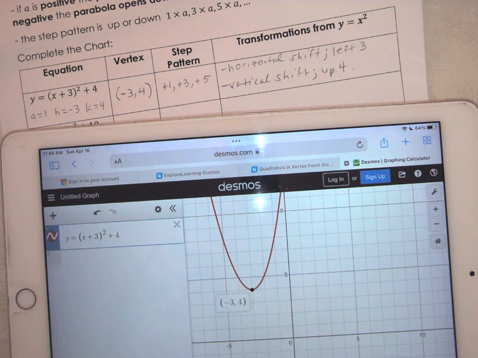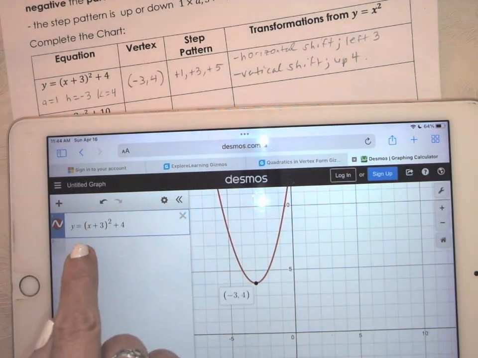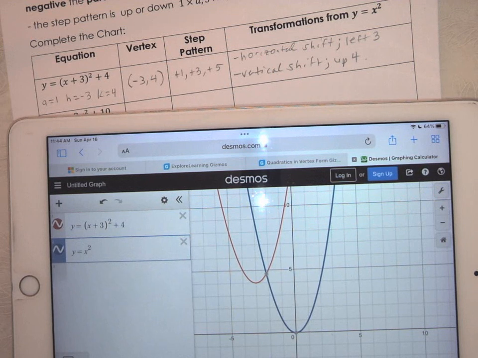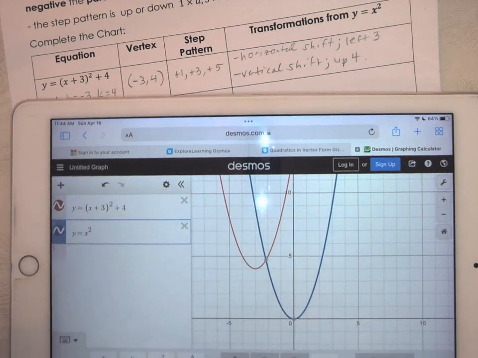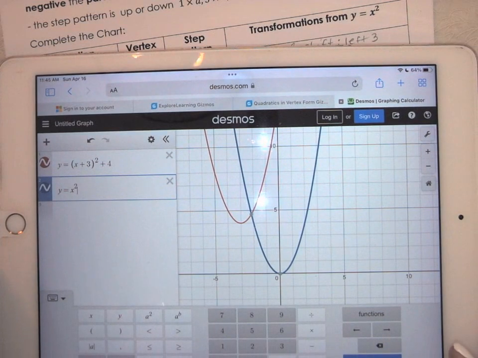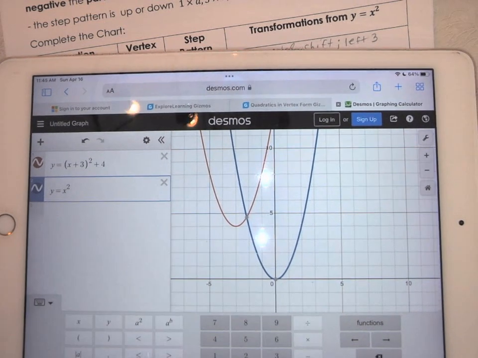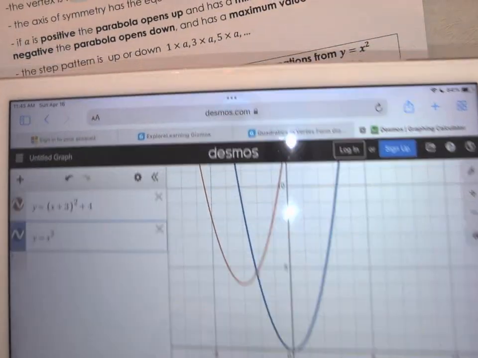If you click on it, it says what it is. Compared to the original, y equals x squared, our normal parabola, it's been shifted left 3 and up 4. So we've got our shifts correct as well. Desmos is definitely a handy tool to use, especially when you're learning. It's really good to check that, and you can all use your phone to check your answers.